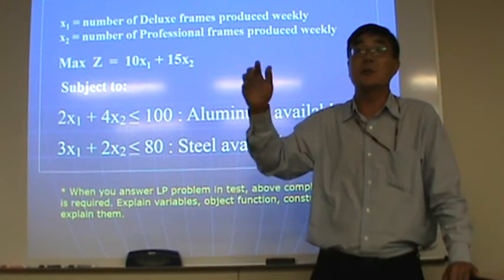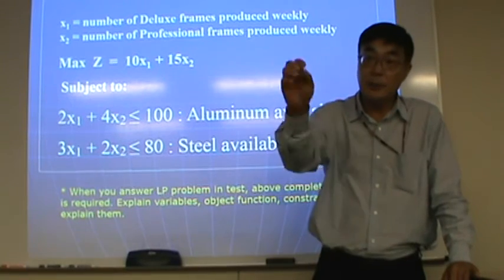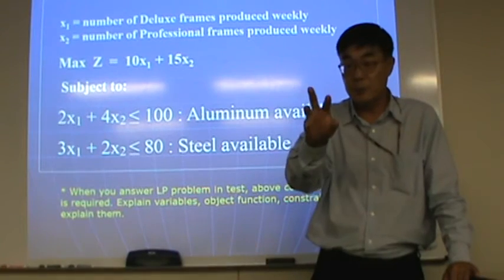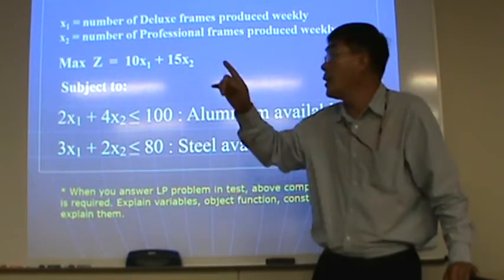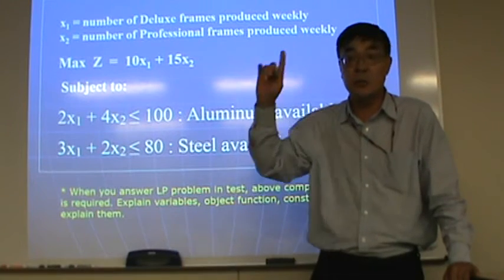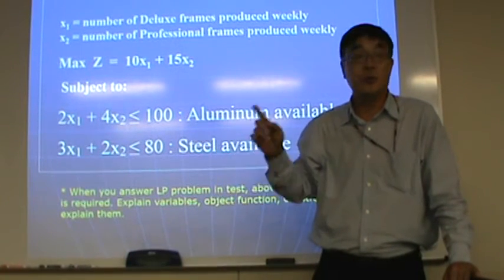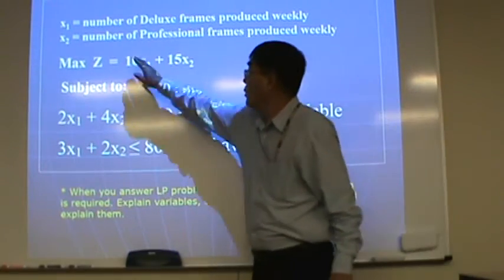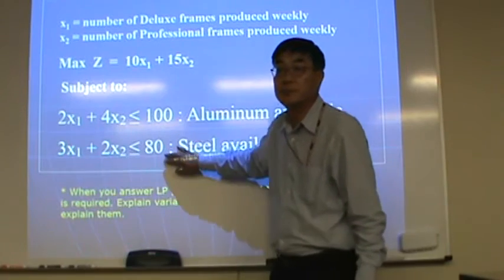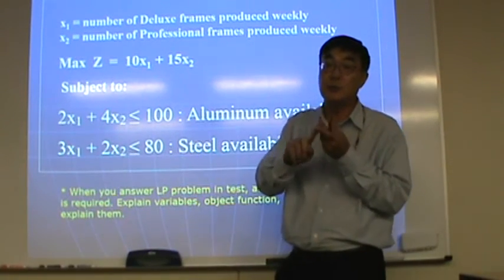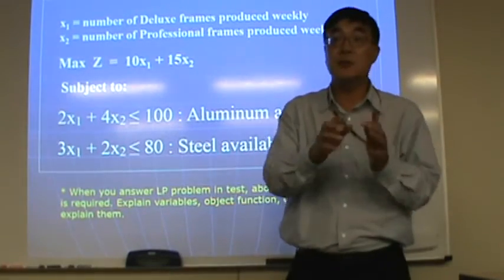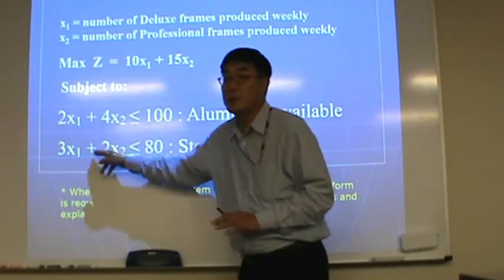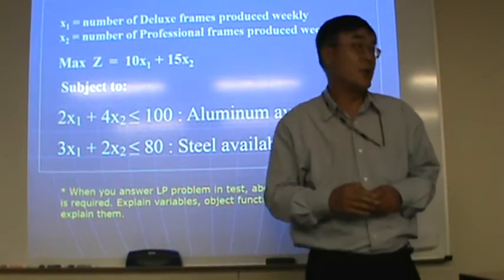It asks what is x1, what is x2, then you type in numbers, then run, then the program gives you how many x1 and how many x2. To use that kind of computer software, you should know numbers like this. So to use that computer program or a graphical method, whatever method, you need to define numbers. That is formulation.